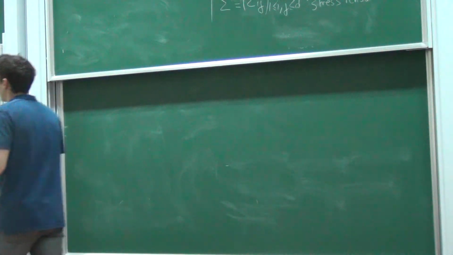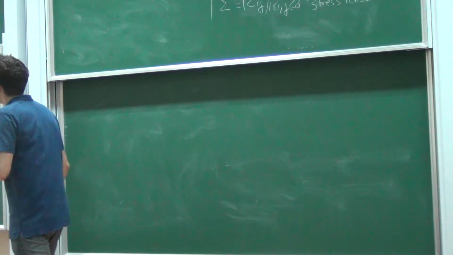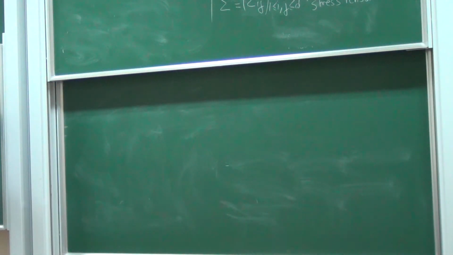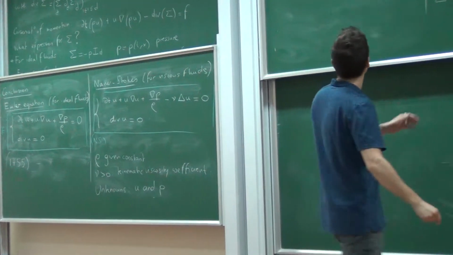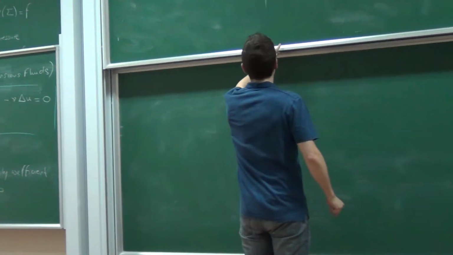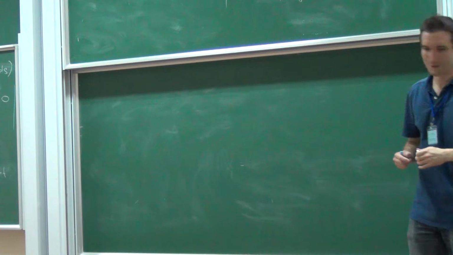The Euler equation is from 1755, the first nonlinear PDE ever written. And Navier-Stokes is from the 19th century with input from many people, not only Navier and Stokes. So these are the Euler and Navier-Stokes equations.